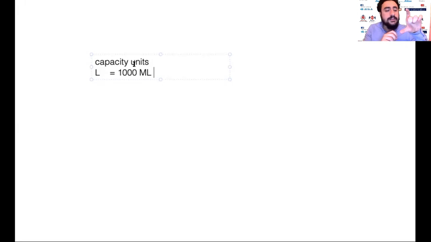Okay, so a milliliter or 1 milliliter is a small thing. I'm going to tell you an example about 1 milliliter. 1 milliliter is like the capacity of the small spoon, by the way, or the capacity of the injection.